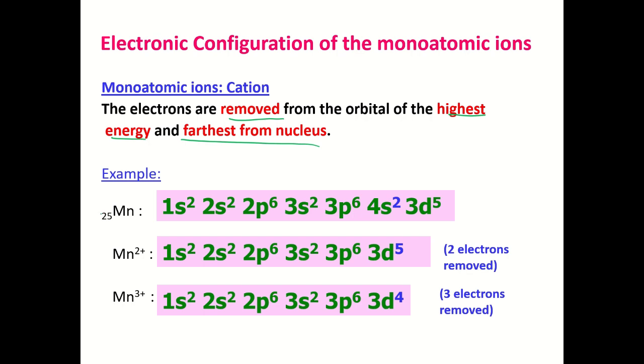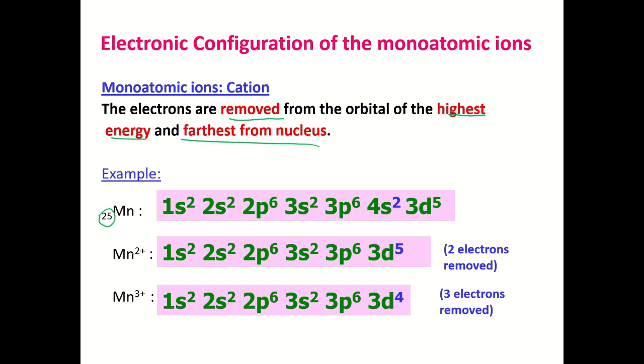For example, we have manganese with 25 protons, so it consists of 25 electrons. Therefore, when you write its electronic configuration in SPDF notation, this is what it looks like: 4s2 3d5.